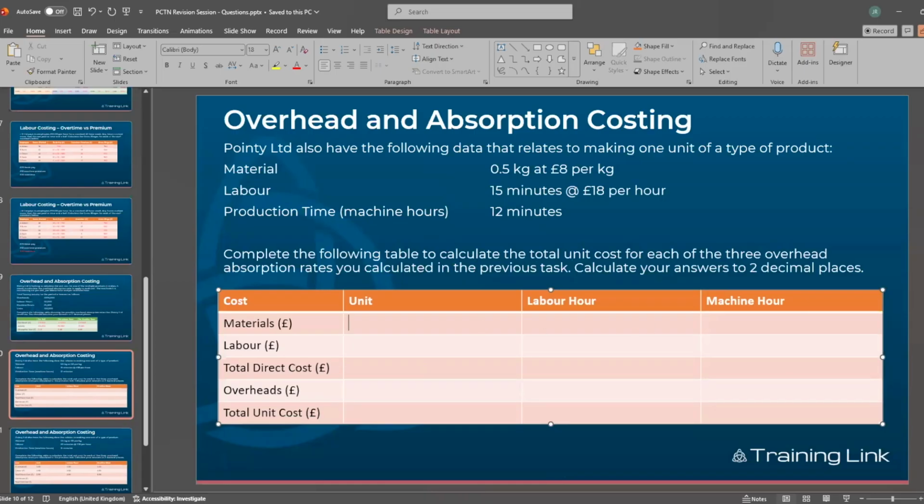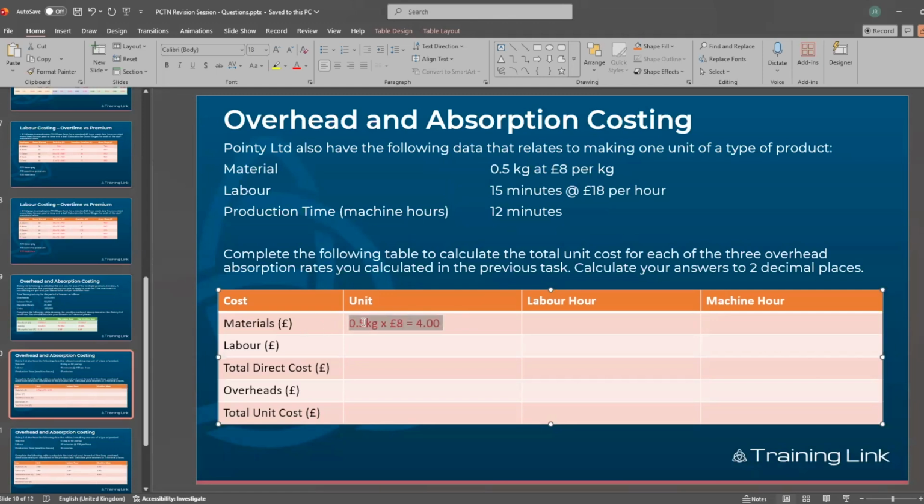If we need half a kilogram of materials, and it costs us £8 per kilogram, then our direct material cost is £4 per unit. So 0.5 kilograms times £8 gives us £4 per unit in materials.